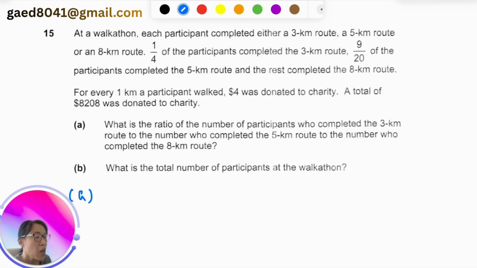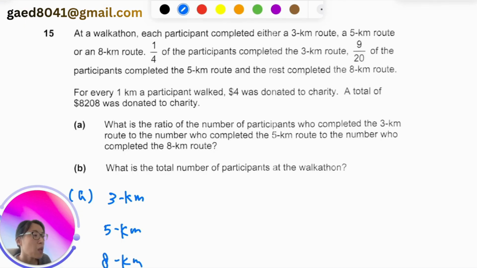If we want to find the ratio of the 3 different subgroups, then we need to find each fraction. Now let's look at the question. We know there are 3 types of walkathon routes. The first one is 3 kilometer, the second one is 5 kilometer, and the third one is the 8-kilometer route.